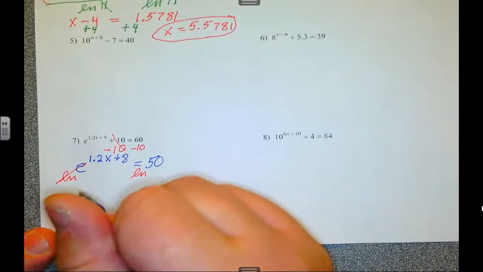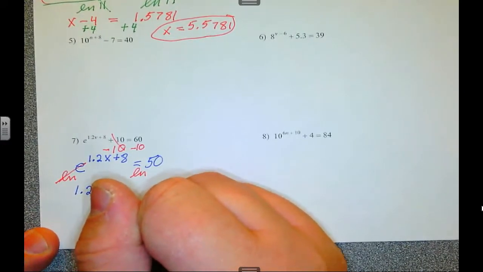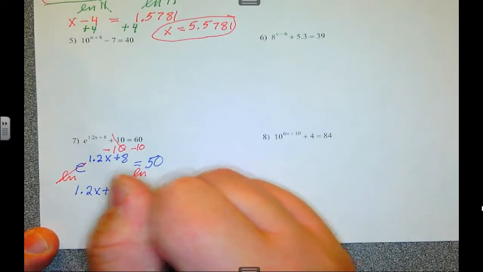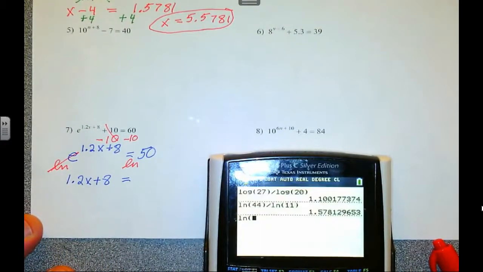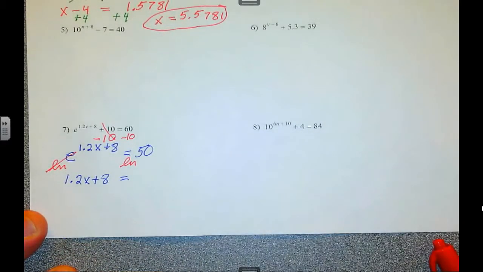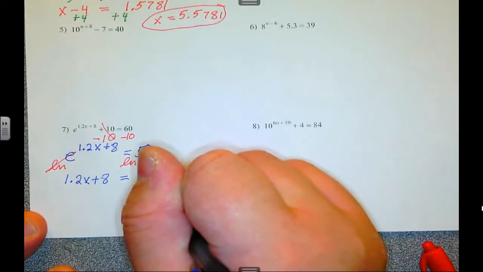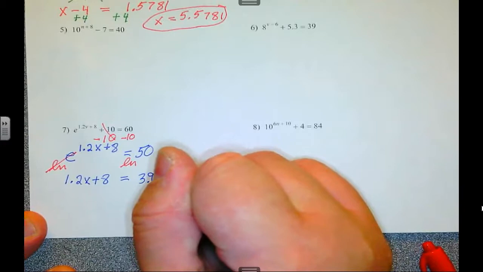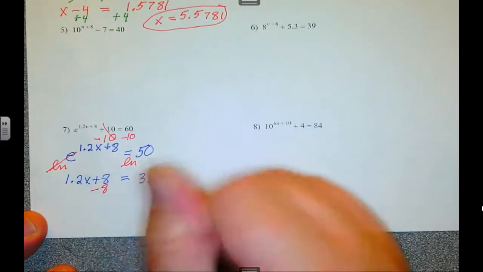So I get 1.2x plus 8 equals ln of 50, which is 3.9120. Subtract 8 from both sides.